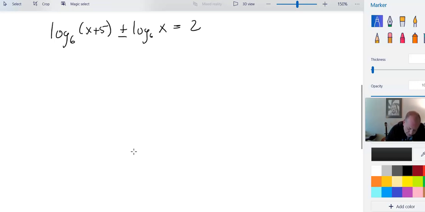Oh, we have an addition of 2 logs. So what that means is that we can combine the arguments using what we did in the last section. This is a sum, it turns into a product. So I can change this to log base 6 of x times (x + 5).